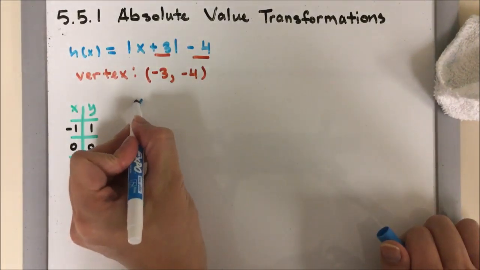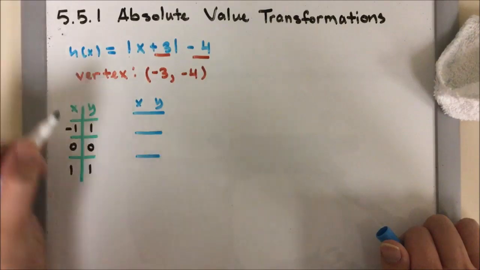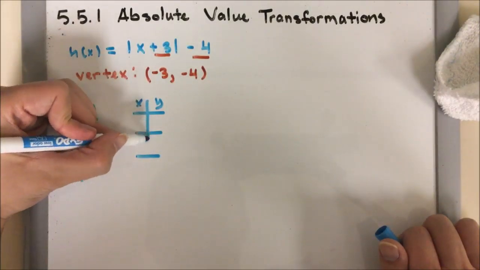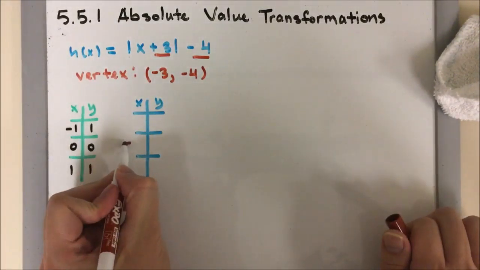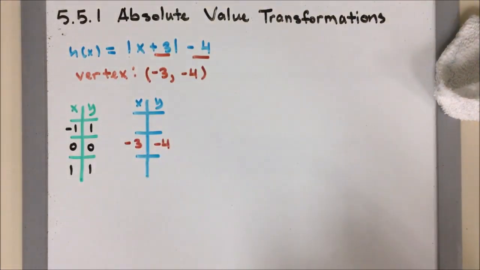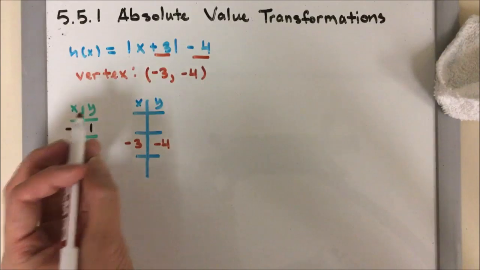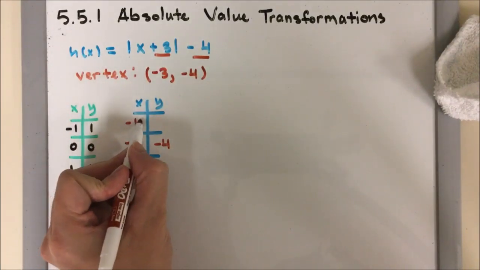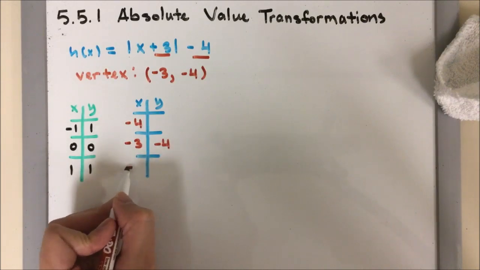And then the xy table for the given function. So this is the vertex, so I'm going to start at negative 3, negative 4. Since negative 3 is in the middle, if I were to go one x value lower, then it'd be negative 4. If I were to go one higher from negative 3, it'd be negative 2.